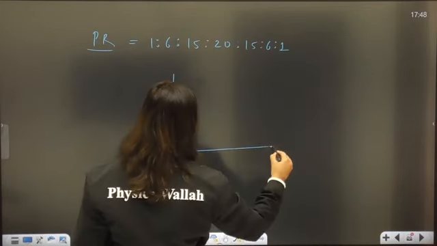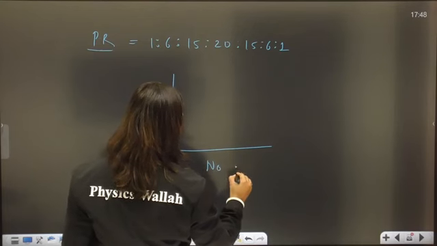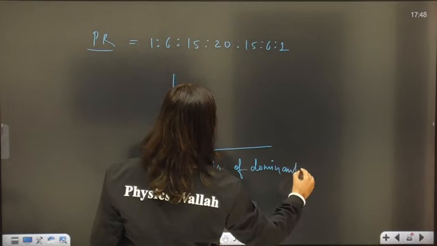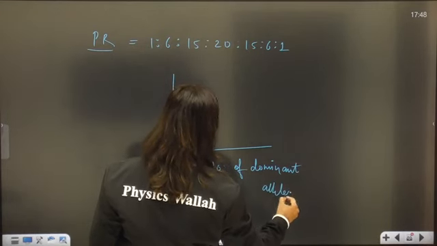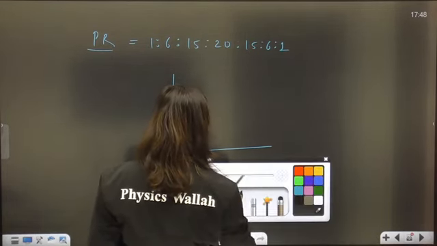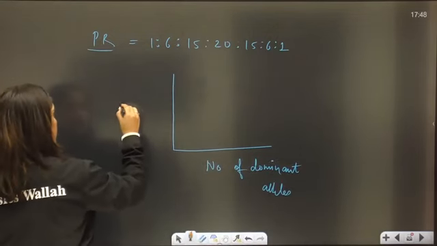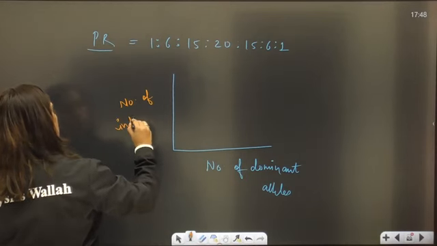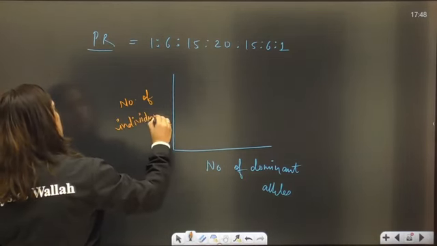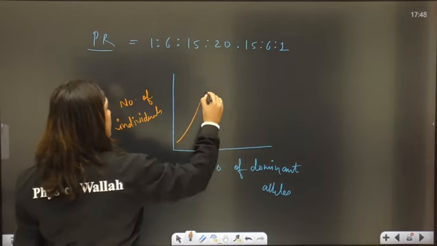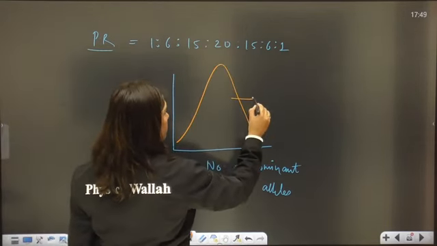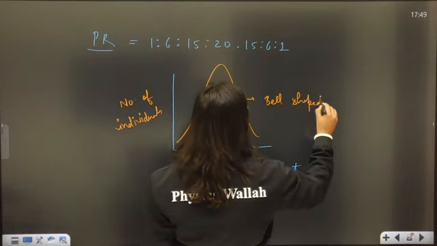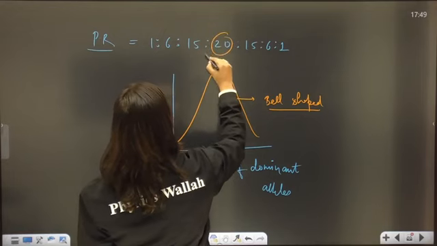And if you draw a graph between the number of dominant alleles and the number of individuals, then it comes out to be a bell-shaped graph in which the maximum number of individuals are intermediate individuals.